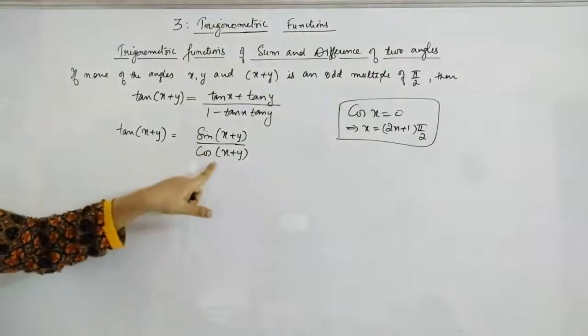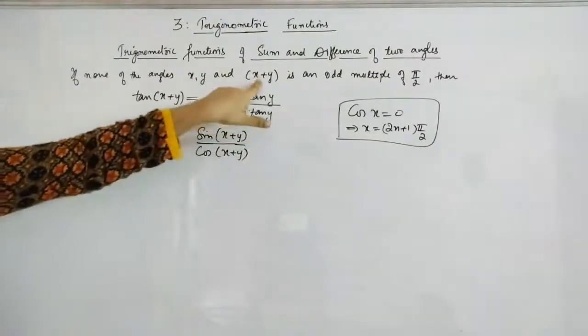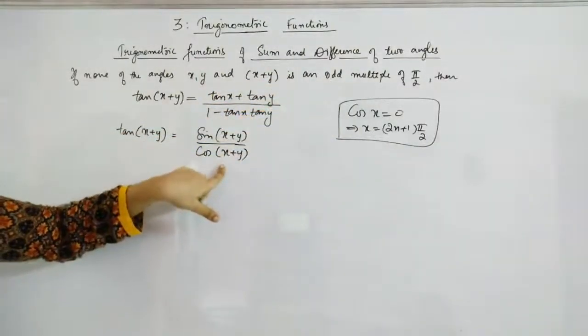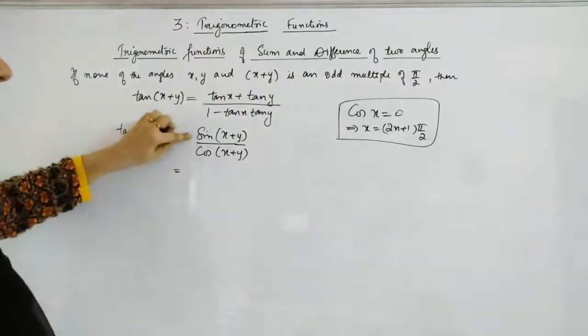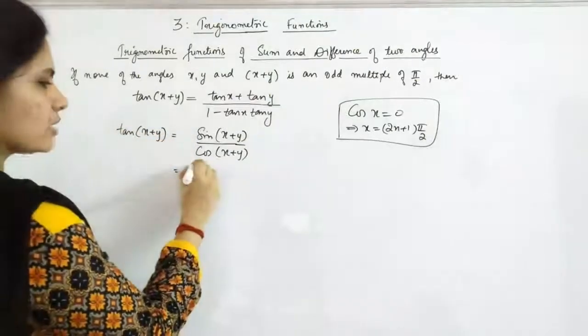Here we have the angle x plus y, right? So x plus y also is not an odd multiple of pi by 2. That means you don't have any case for cos of x plus y to be 0. Now we expand sine of x plus y and cos of x plus y using their related formulae. What is that?